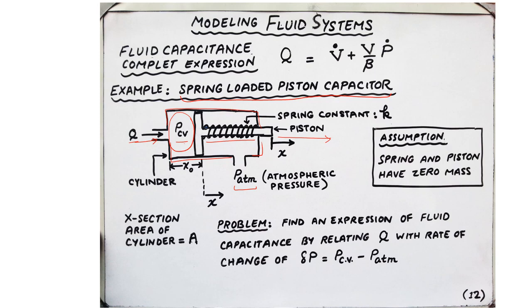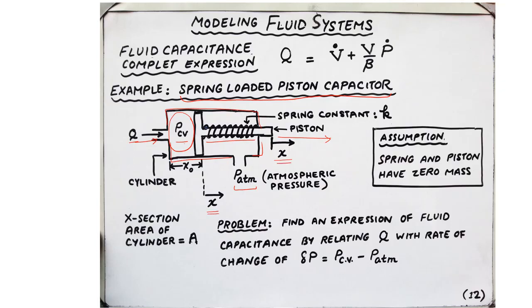So for the formal modeling procedure, we're going to assign a displacement variable x to the piston, and this piston is modeled as a rigid body. So whatever displacement is experienced over here, the same is the displacement experienced on the other end. So the displacement variable remains the same, that is x.